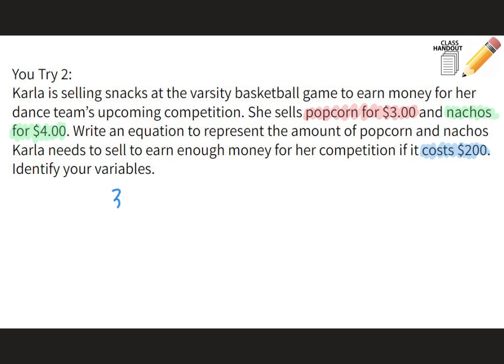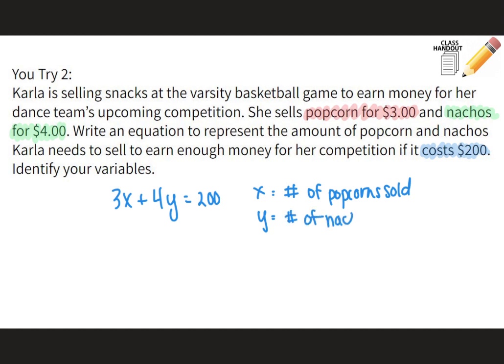It's going to be 3x plus 4y equals 200, where x represents the number of popcorn sold and y represents the number of nachos sold.